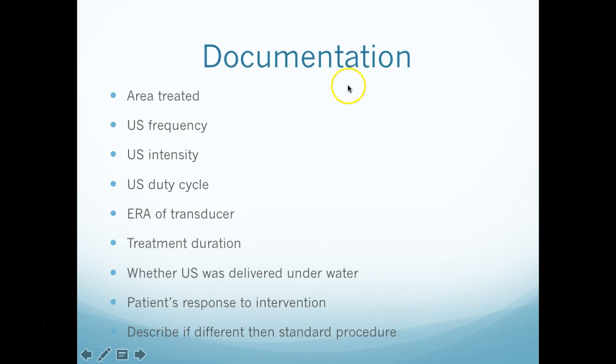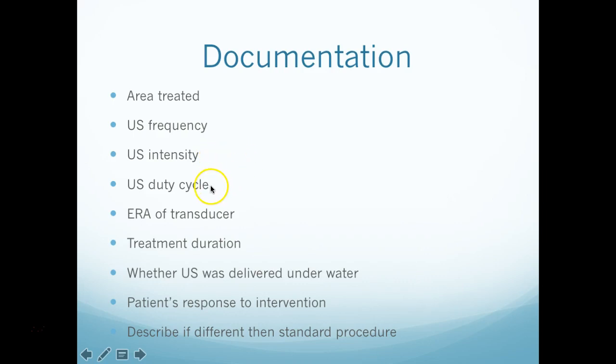So here we talk about the documentation, and in your book there's some really good samples of that as well. You're going to talk about the area treated, like say the left lateral epicondyle area, and the ultrasound frequency: is that going to be 1 megahertz versus 3 megahertz? Your ultrasound intensity, those are those watts per centimeter squared, anywhere from 0.5 up to 1.5 to 2 watts per centimeter squared.